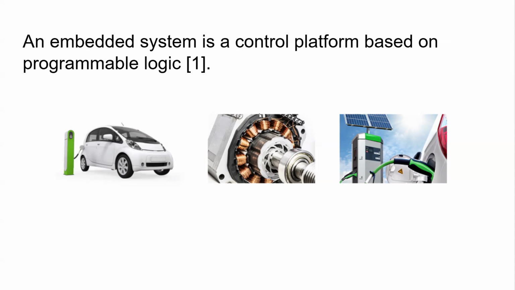In the middle here, we have a motor, and on the left here, we've got some photovoltaic system that's converting energy from the solar panel into electric energy that can be used by electric vehicles. This is not an exhaustive list of applications, but these are just some trendy ones that were provided in this reference that we'll take a look at later.